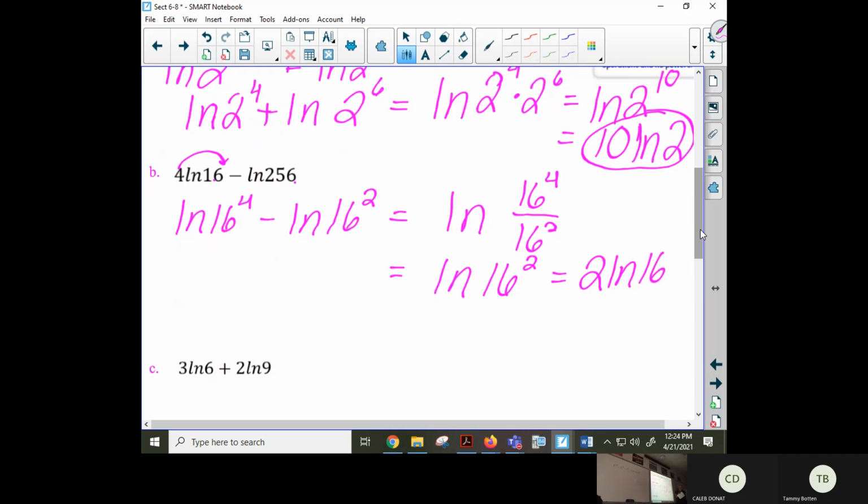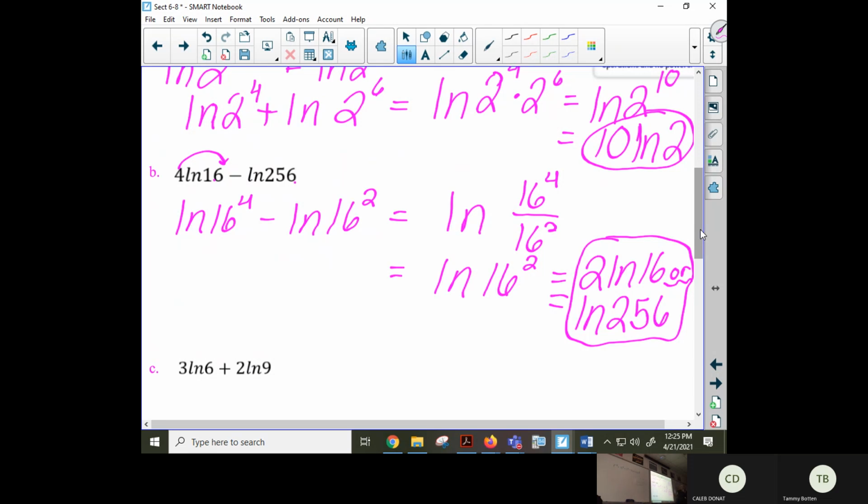Another way that some people would write this is they would square that 16, which is natural log of 256. Both of these are okay. I guess if I was saying which one I prefer, I'd prefer this one, but it's absolutely okay to do this too.